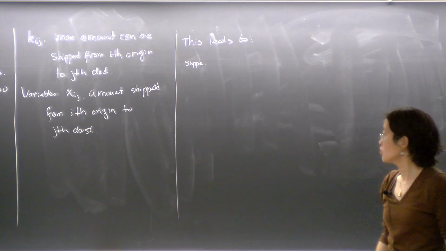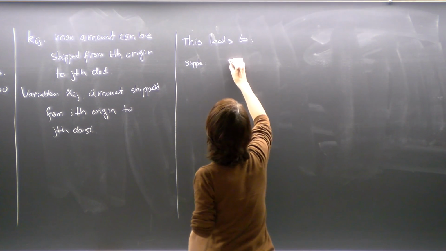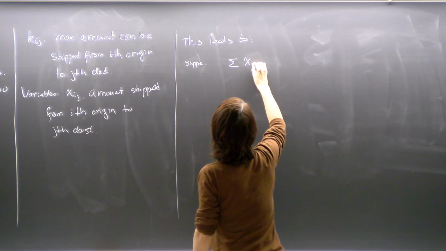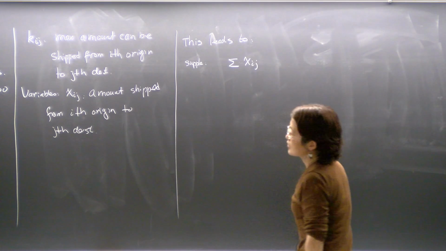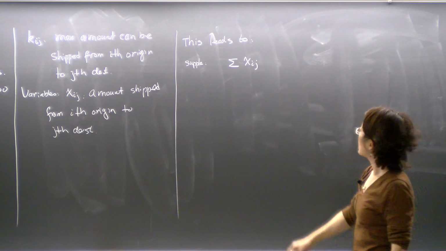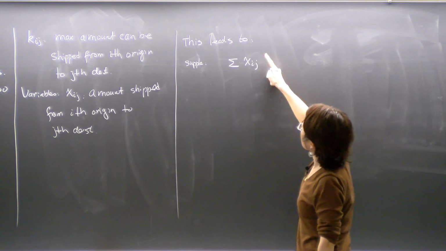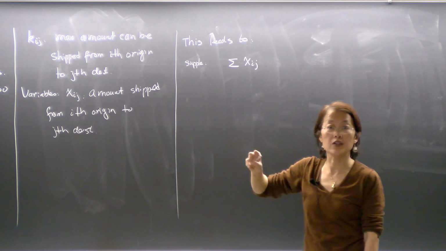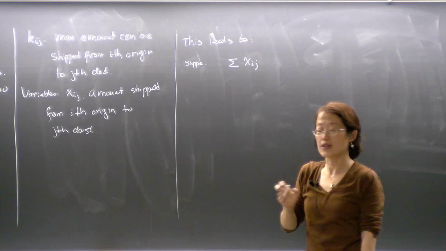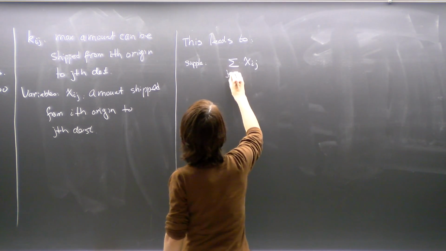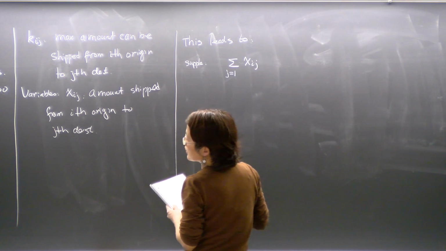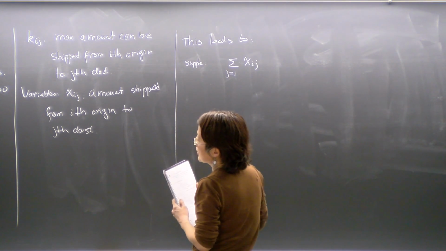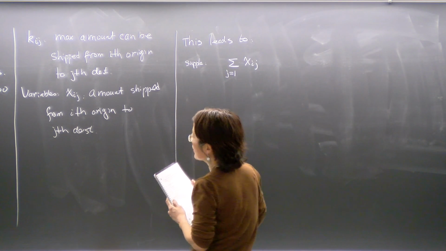So what will be the total amount you will ship out from the ith origin? That will be xij, and you sum over all j's, all different destinations it's shipping to. Does that make sense? So j from 1 to destination n.